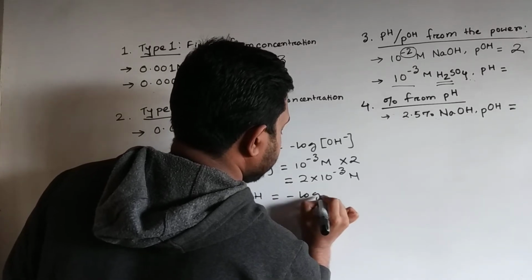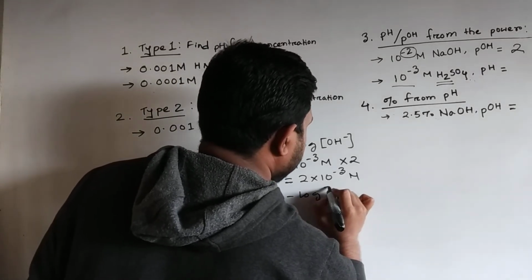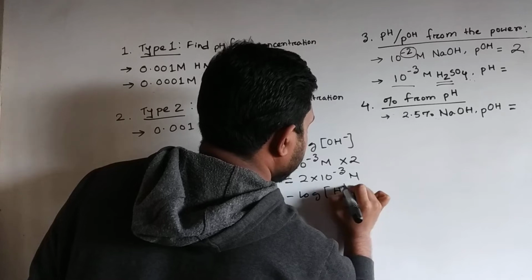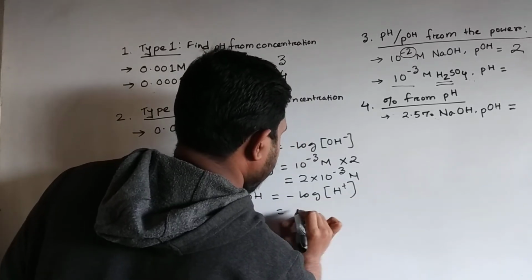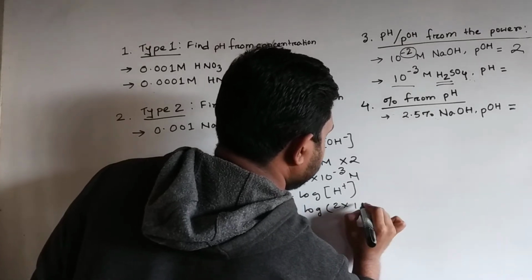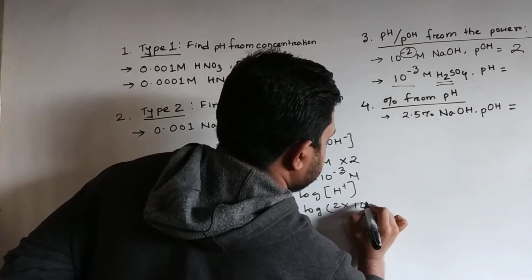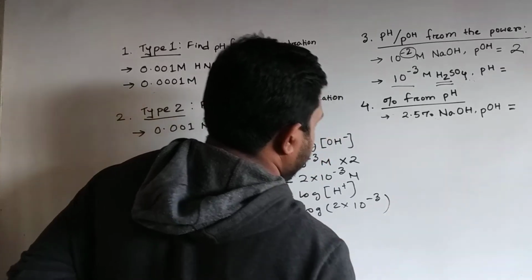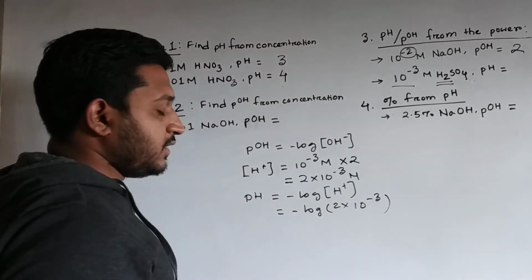pH is equal to minus logarithm of the molar concentration of the hydrogen ion. So put the value here, 2 into 10 to the power minus 3. Now calculate the value.